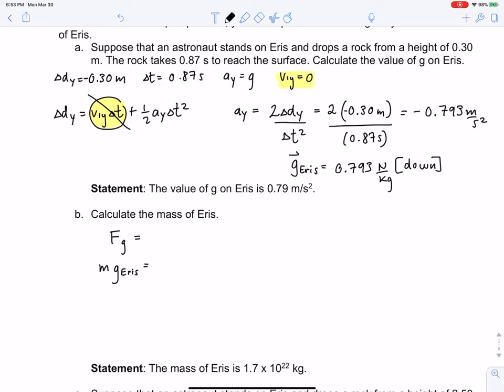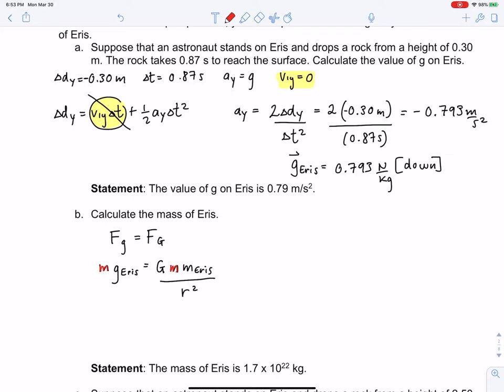Or you can use Newton's law of universal gravitation, Fg is equal to G, the mass of an object, times the mass of Eris, divided by the radius of Eris squared. So if we're looking at, for example, the mass of any particular object, we can use either one of these equations to find the force of gravity. They are equivalent to one another.